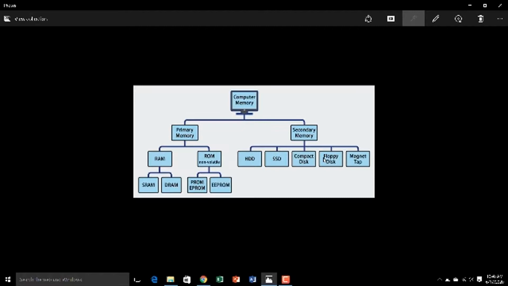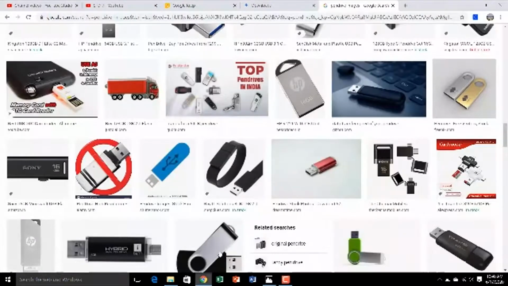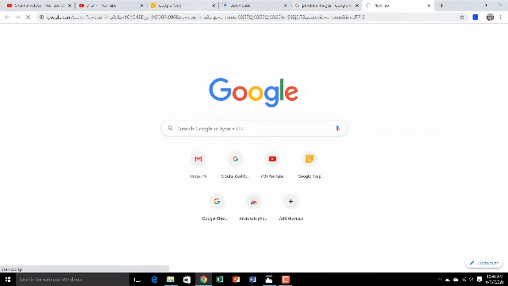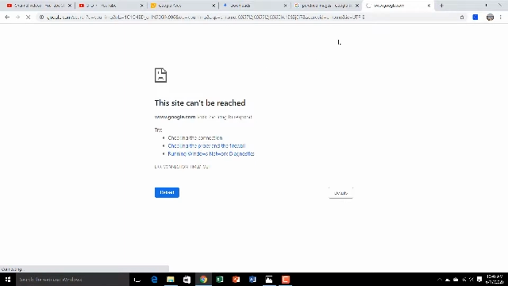I will show you the CPU. What is actually the CPU? CPU has a different name; we are learning about the processor. That is called your CPU.